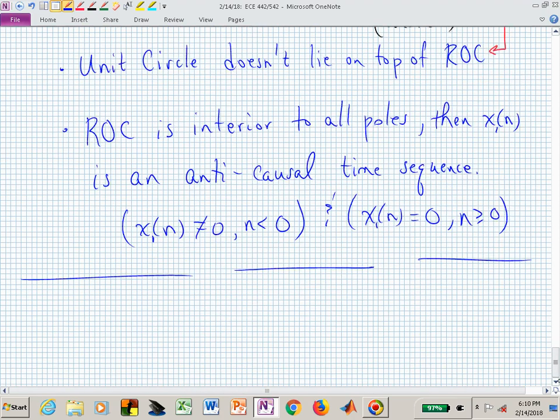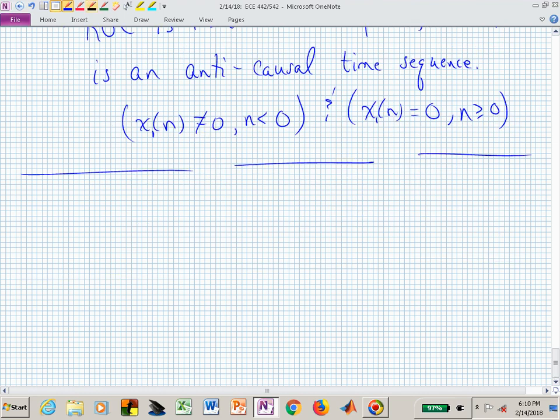Let's look at case 2. Suppose now for case 2 that we have x sub 2 of n is equal to 1/2 to the n, but now we have n greater than or equal to 0.